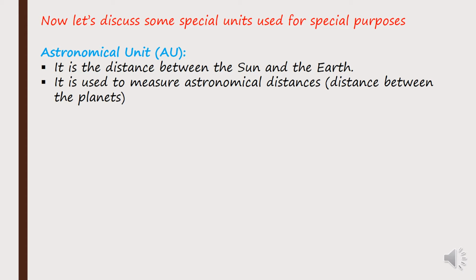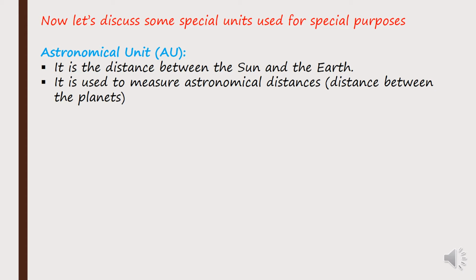What it actually means is the distance between the sun and the earth. One astronomical unit is actually equal to the distance between the sun and the earth.